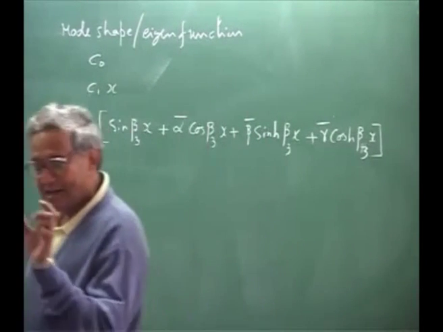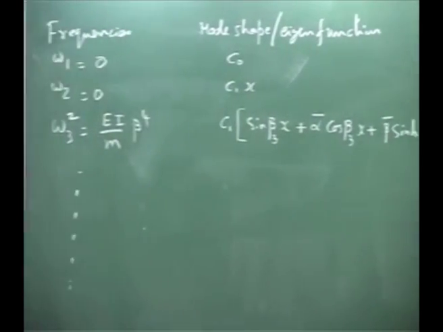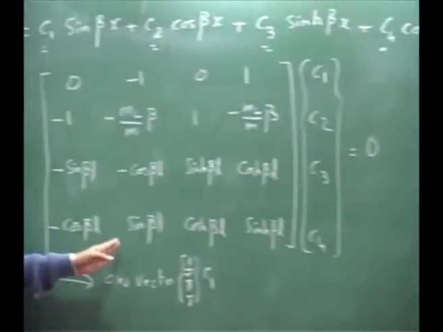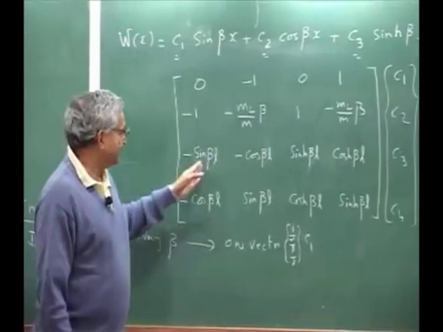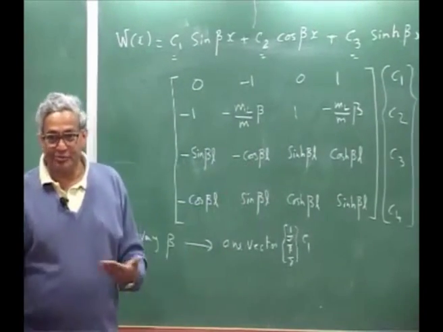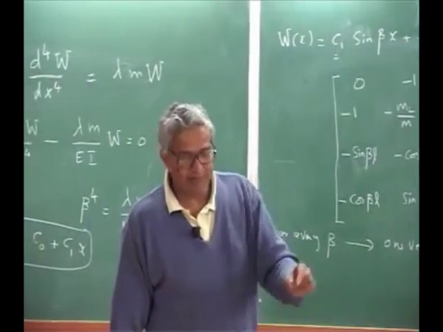Now you see, corresponding to each natural frequency, you have a corresponding mode shape, or you can say eigenfunction. This has an exact solution. Even here, exact I said, you have to solve numerically, because these are all sine and cosine hyperbolic functions.